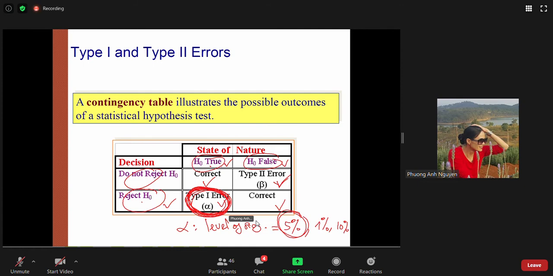We don't want to reject H0 when H0 is true. It means that when the person is innocent, we don't want to put the person in jail. So we like to control this value alpha.